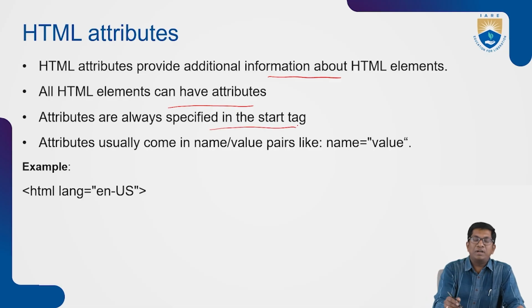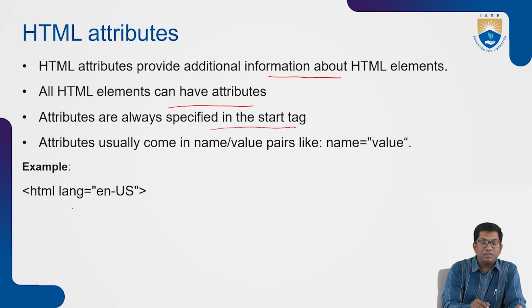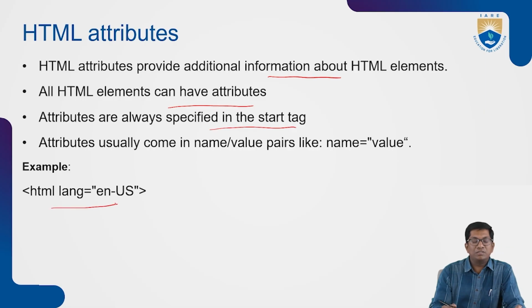Attributes are always specified in the start tag. For example, see here, html lang equal to en-us, English US. This is the language. So this we call an attribute.